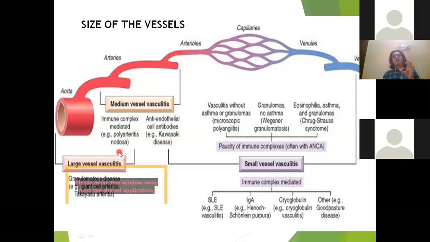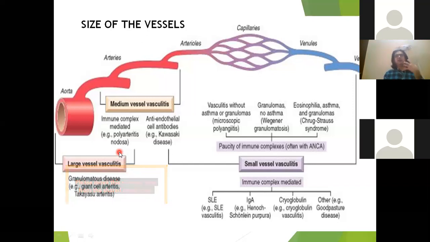In temporal arteritis, the typical symptom is headache, right? So there is headache which is very severe, number one. Number two, there would be polymyalgia rheumatica. Polymyalgia rheumatica means symptoms similar to what we see in rheumatic diseases. That is, there would be joint pain.